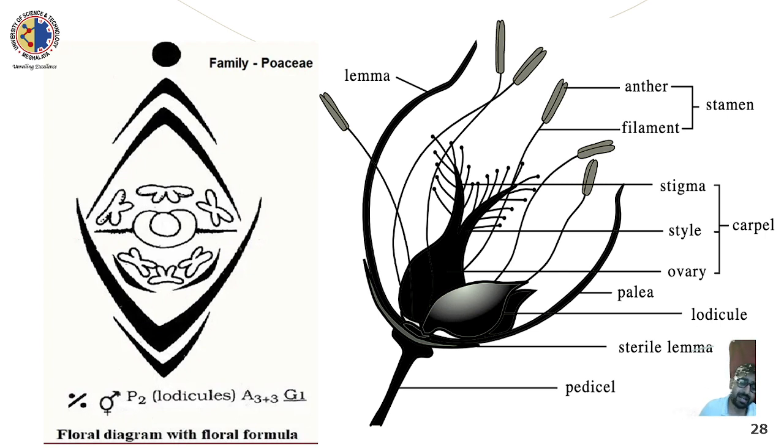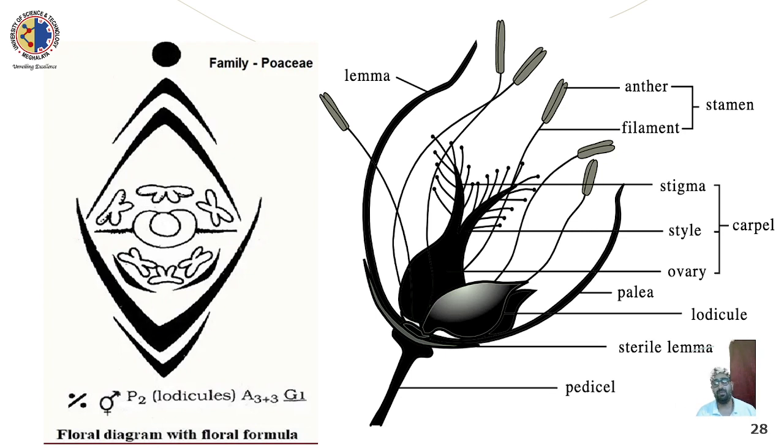In the floral diagram, you will see glumes, two glumes, lower and upper glume. Then you will find palea and lemma. Inside palea and lemma, you will find the flower, lodicules, and three plus three stamens.